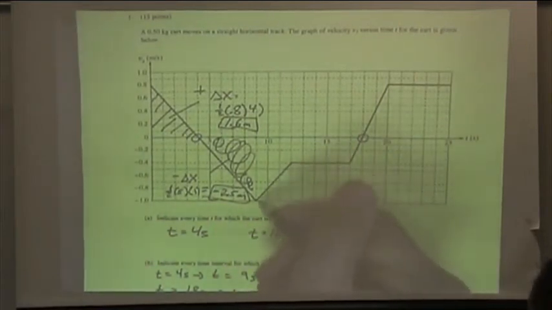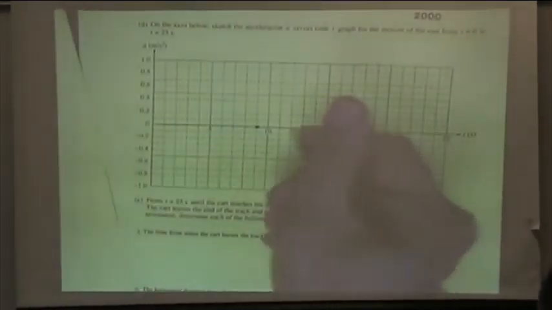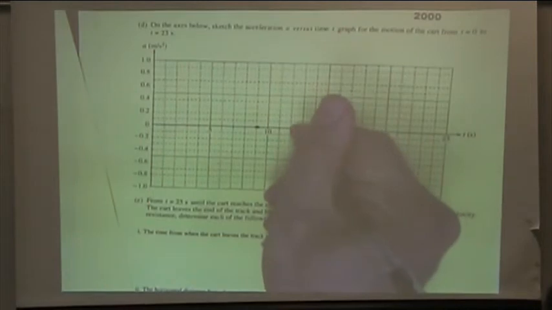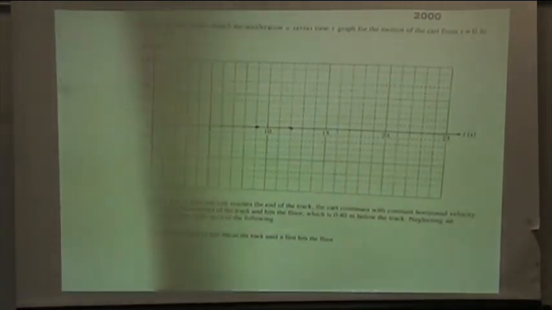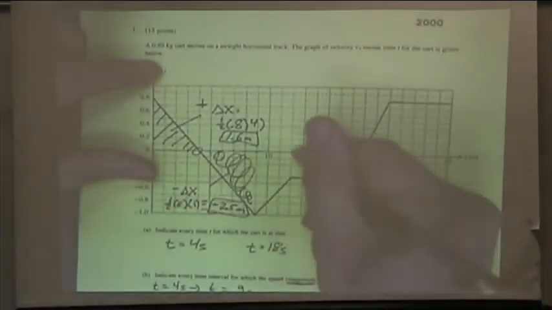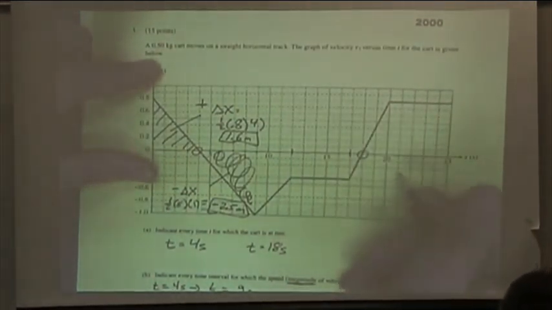My next section here is going to be from 9 to 12 seconds. So let me put a little dot at the 12-second mark. I've got 0 slope from 12 all the way to 17 seconds.